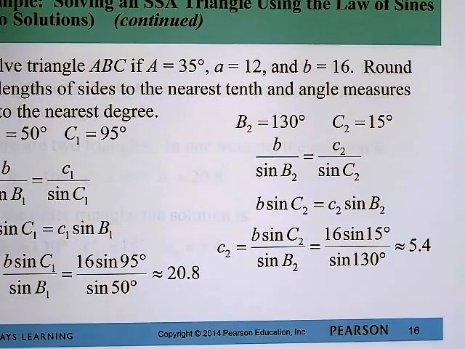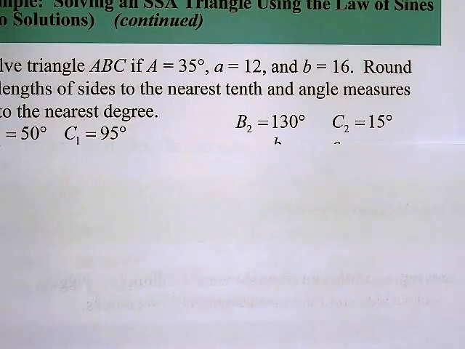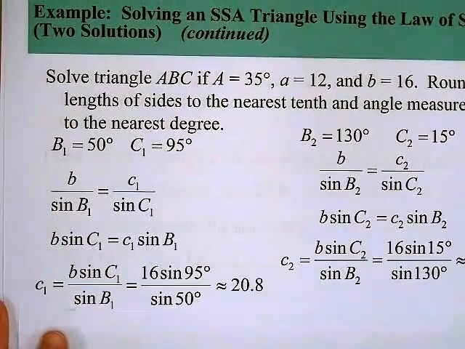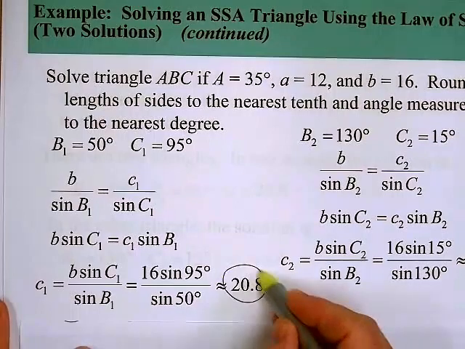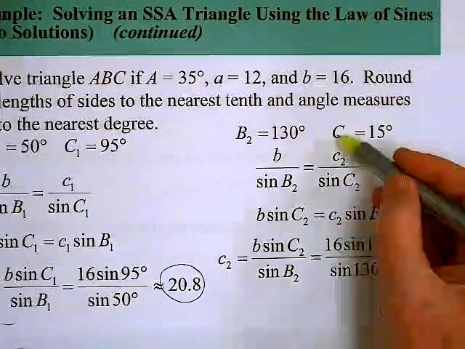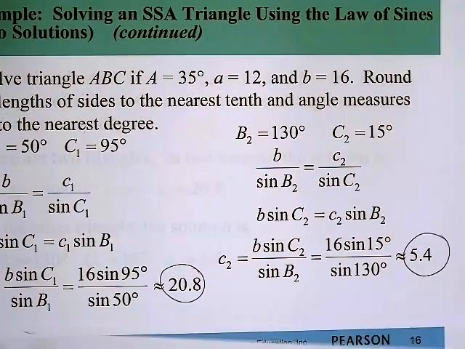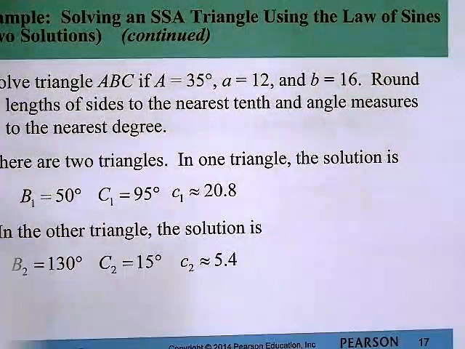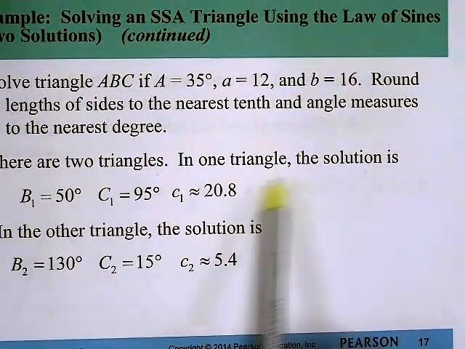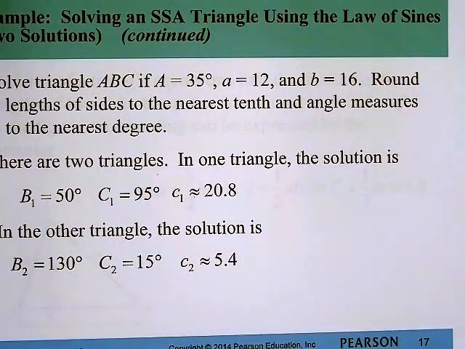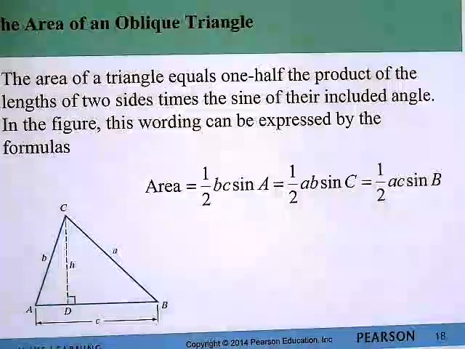Solve the triangle. If you're using B1 and C for 95, and we set up and we solve, we find c1 to be 20.8. We're using B2 and we solve, we find the other option to be 5.4. There are two triangles that are possible for this example.